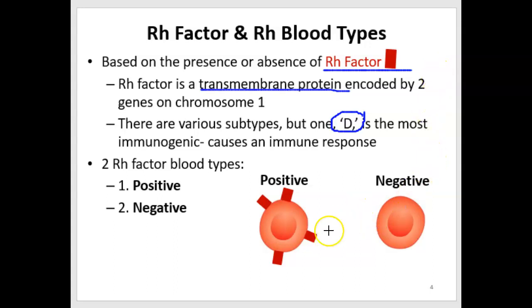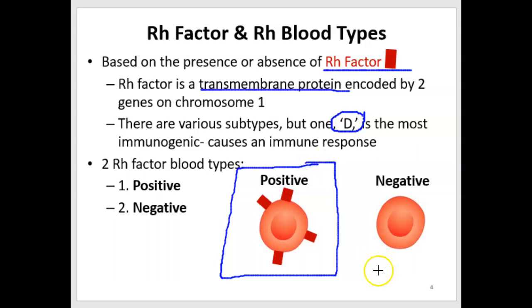It is a protein, and it is on the surface of red blood cells. If you have that protein, that Rh factor, on your red blood cells, you are called positive. It would be more appropriate perhaps to say Rh positive, but that isn't what's routinely done. Usually you just say positive. If you don't have the Rh factor on your red blood cells, you're called negative.